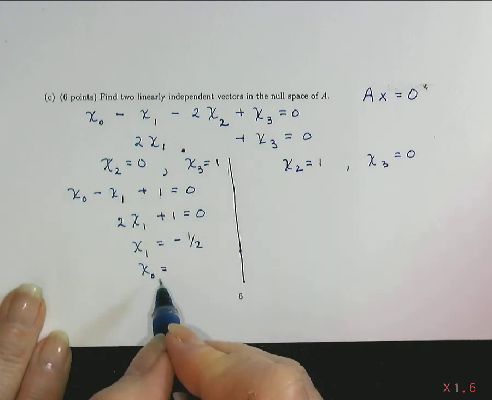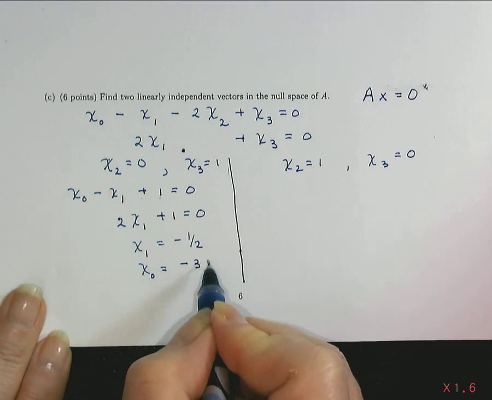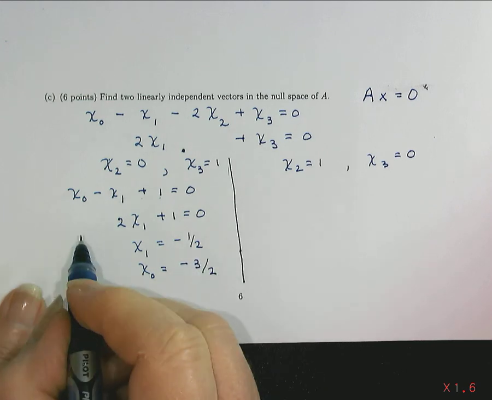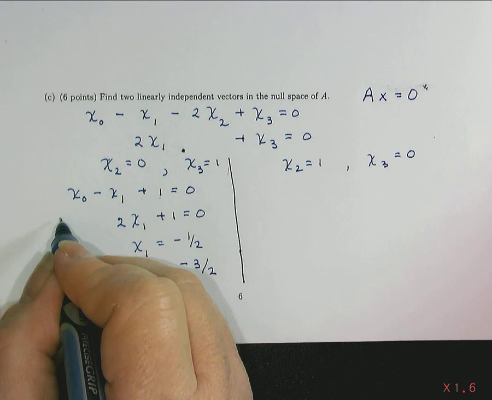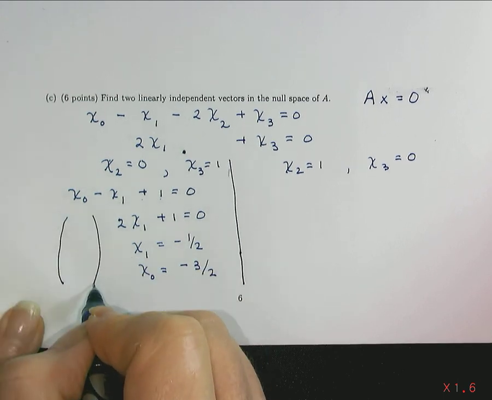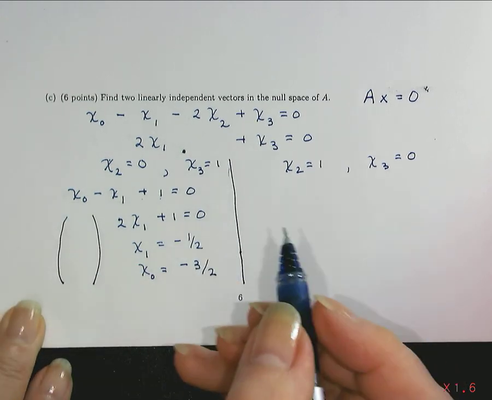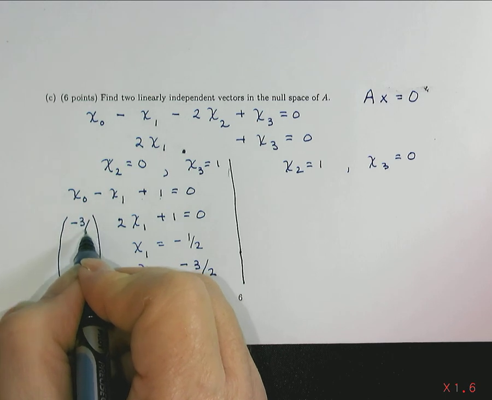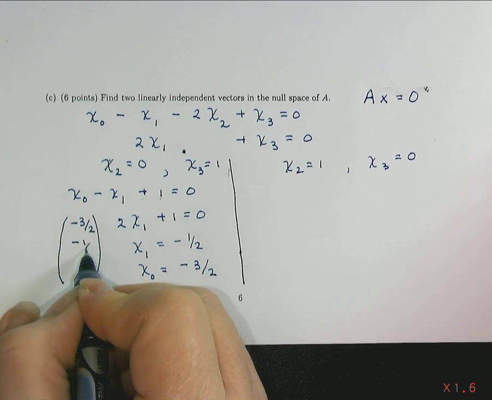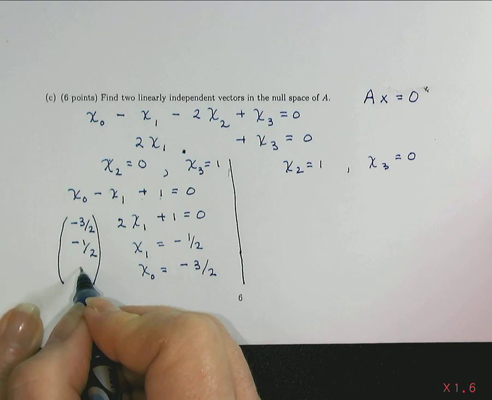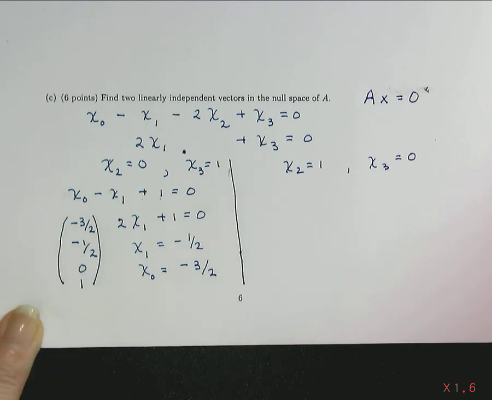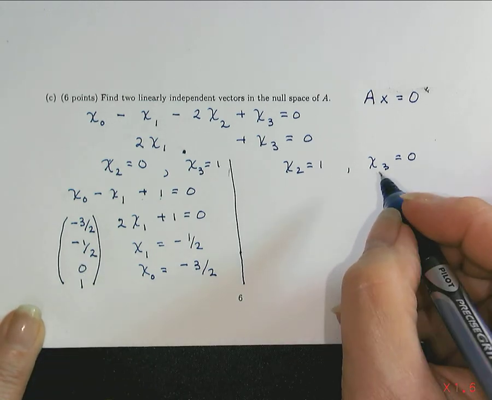So chi sub 0 would have to be equal to negative 3/2. So one vector in the null space of A must be negative 3/2, negative 1/2, 0, 1.